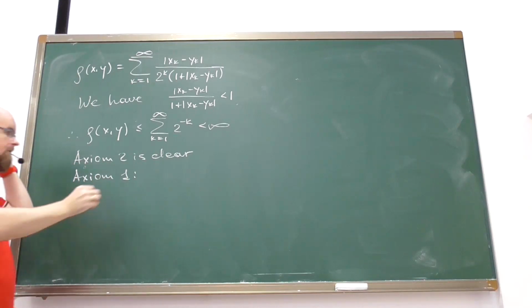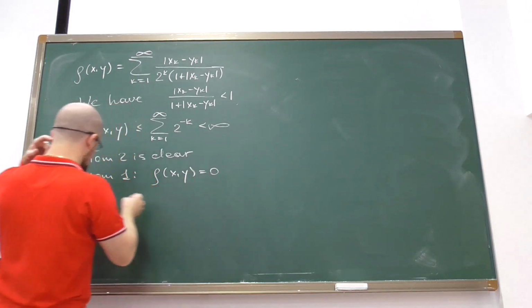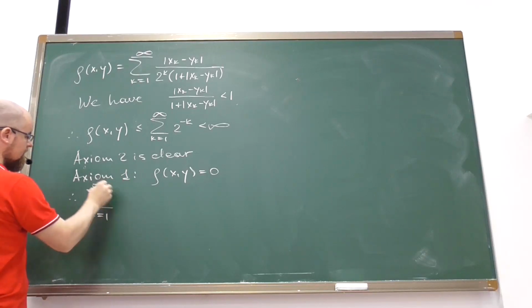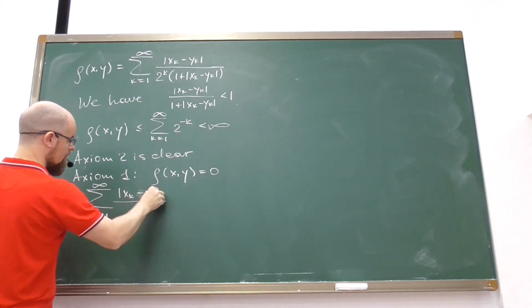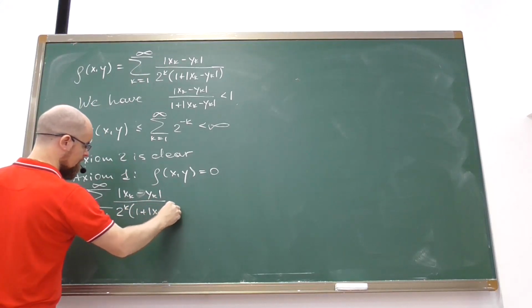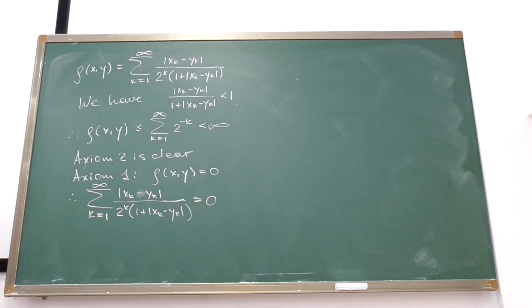So if we have rho of xy equals 0, then we get that this whole infinite sum equals 0. But every component of this sum, for every k, is non-negative.